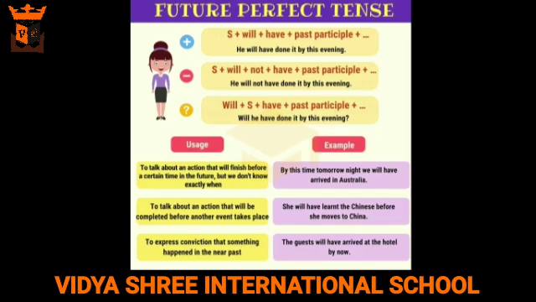Or it is used to talk about an action that will be completed before another event takes place. For example, she will have learnt Chinese before she moved to China. It is also used to express conviction that something happened in the near past. For example, the guest will have arrived at the hotel by now.